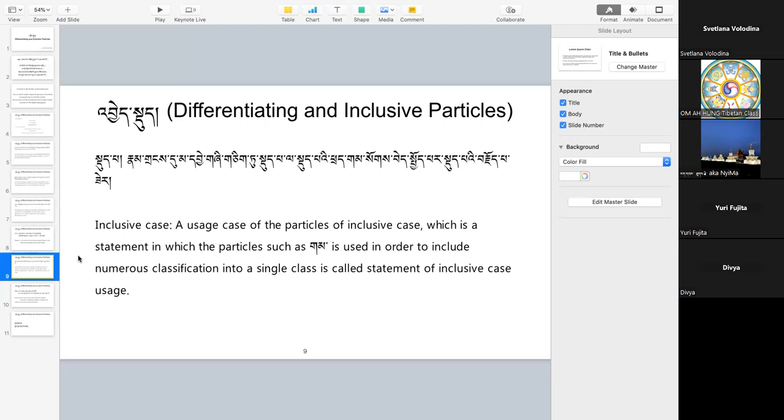This is opposite to what we did in the differentiating case, where we took a major class and divided it into numerous subclasses. Here, we take numerous subclasses, and then in the statement, we combine them together into a major class. So this type of usage case is known as the inclusive case or inclusive usage case.